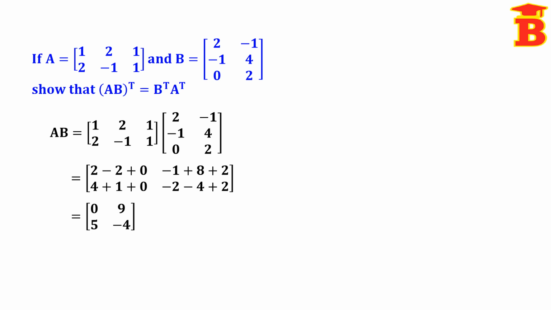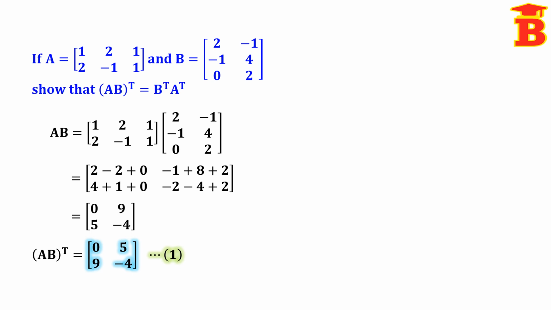We know that transpose means we have to interchange rows and columns. Therefore, AB transpose equals interchanging rows and columns. That means this first row 0, 9, write it as the first column. Second row 5, minus 4, write it as the second column. So this is AB whole transpose.